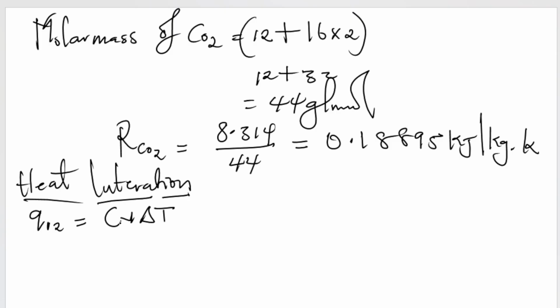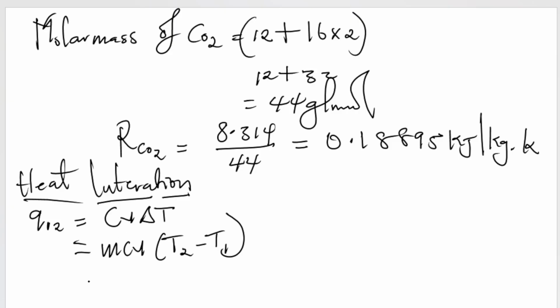Specific heat at constant volume multiplied by the change in temperature. Since you have mass, your new equation will be m CV into T2 minus T1. Are we together? But if you do not have mass, then you simply use CV change in T.